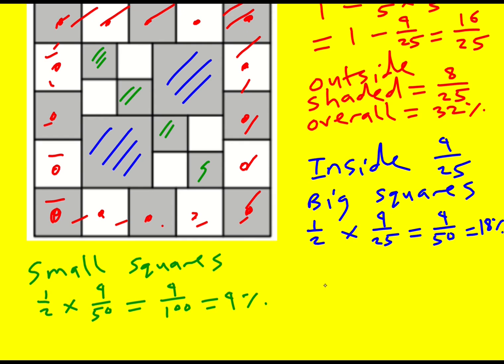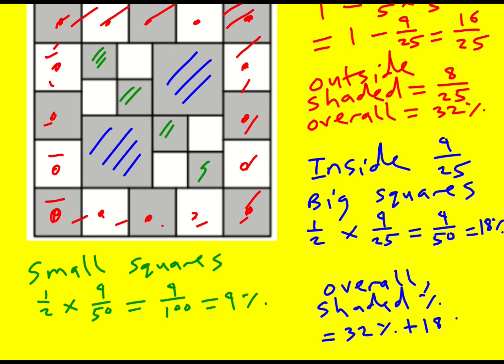And therefore, overall, the shaded percentage is going to be 32% plus 18% plus 9%, which gives me 59%.